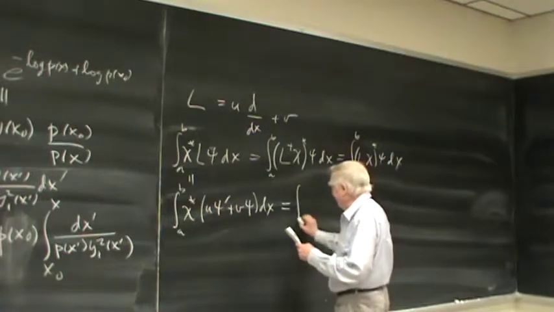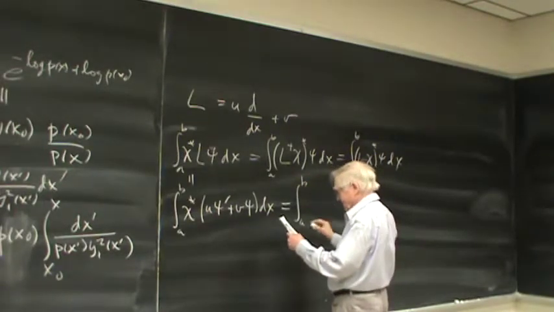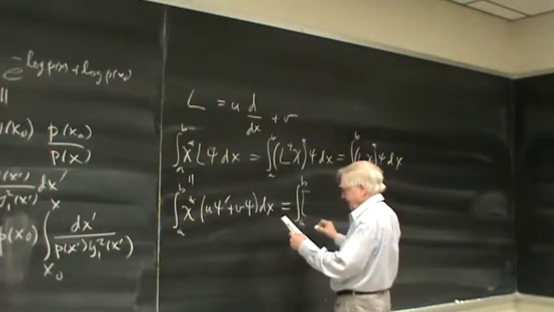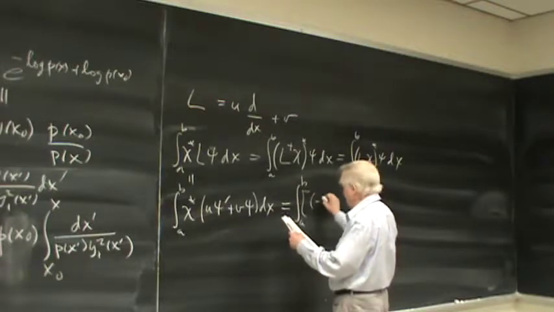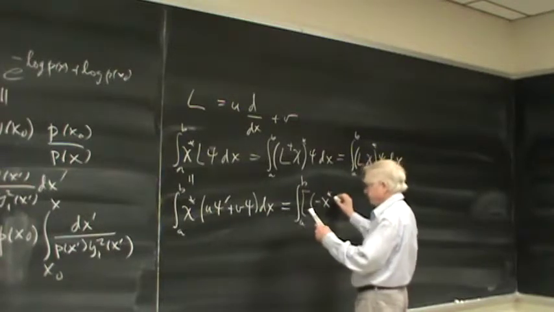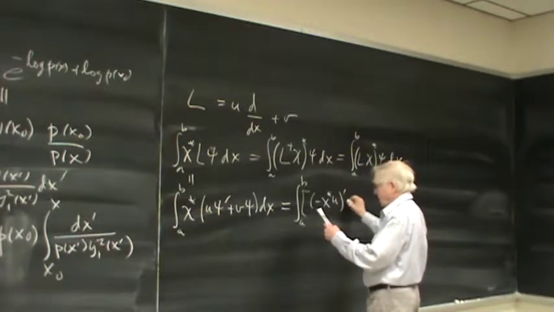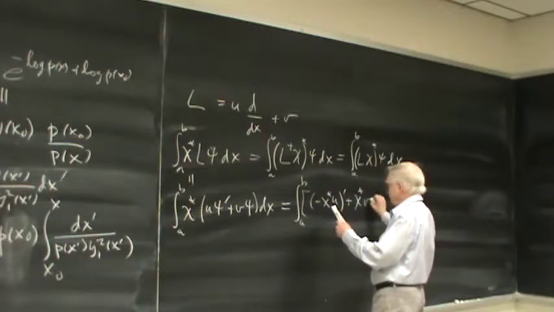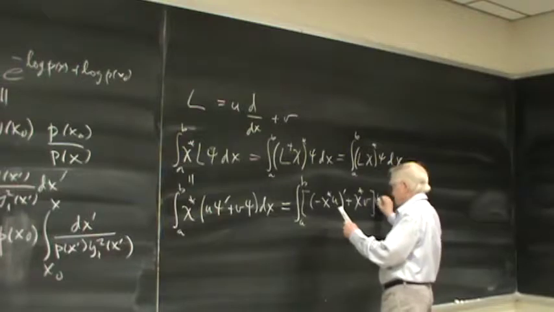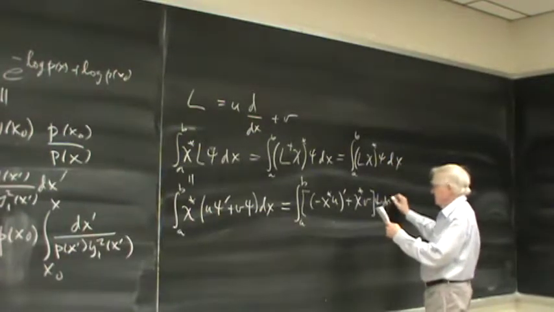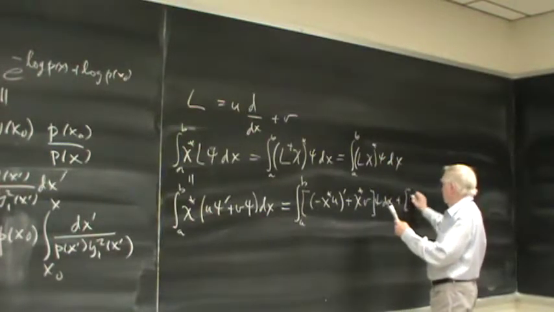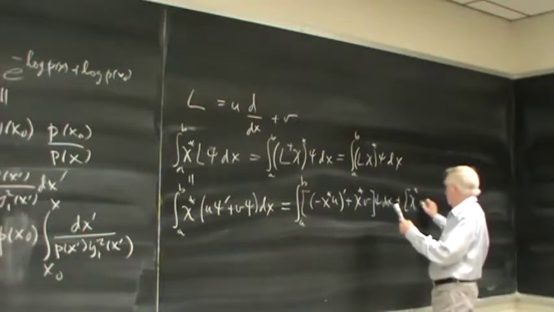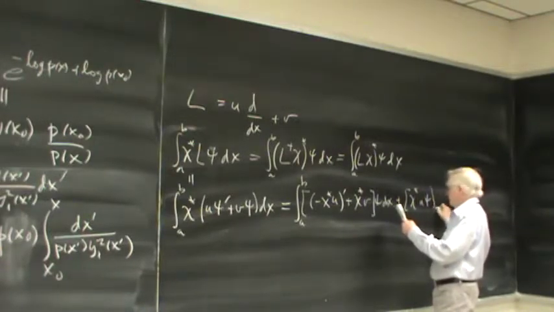So what we have here is the integral from A to B of minus chi star u prime plus chi star v, all that times psi dx, and then the boundary terms, which is chi star u psi evaluated from A to B.